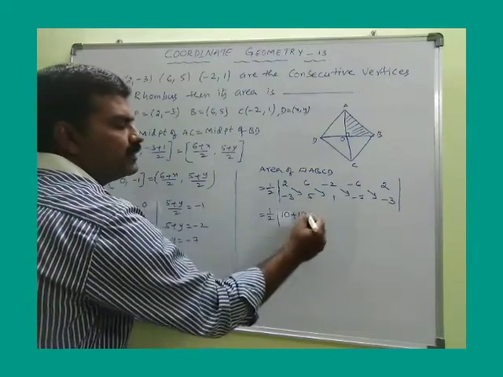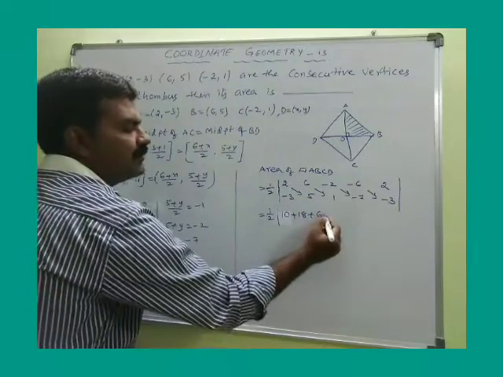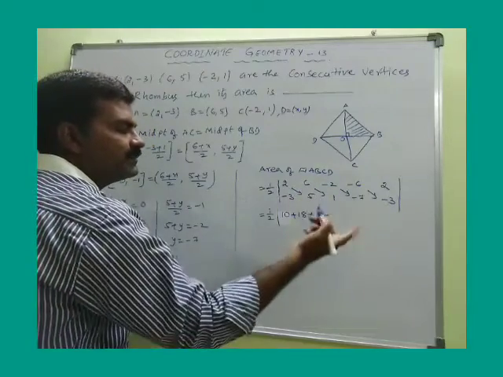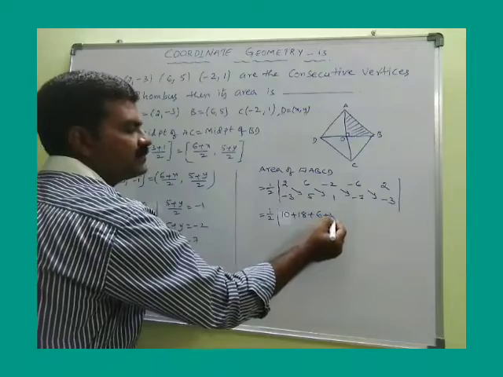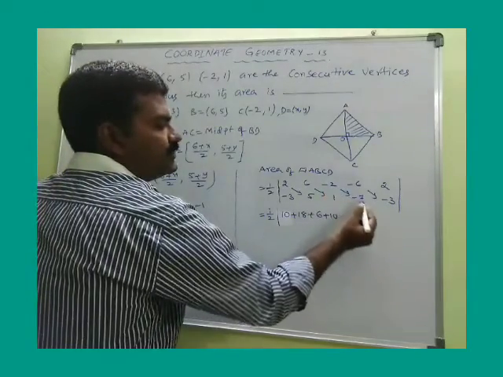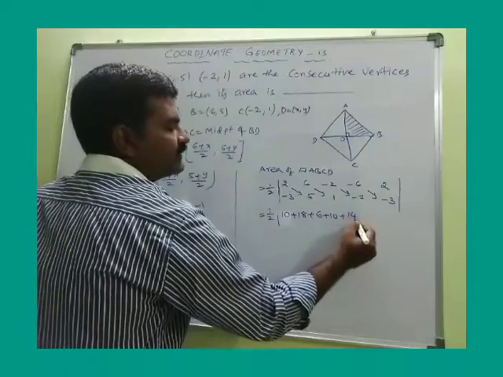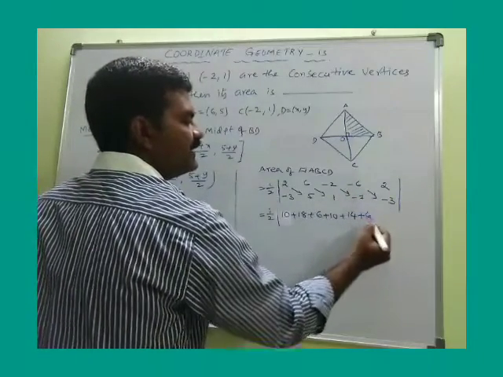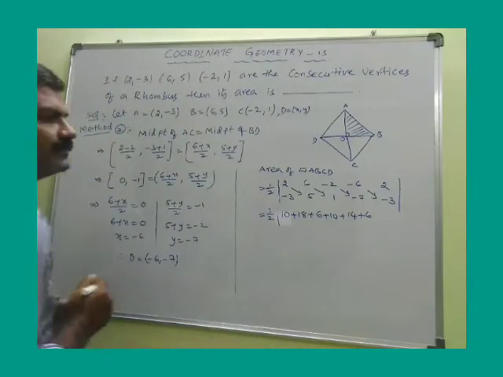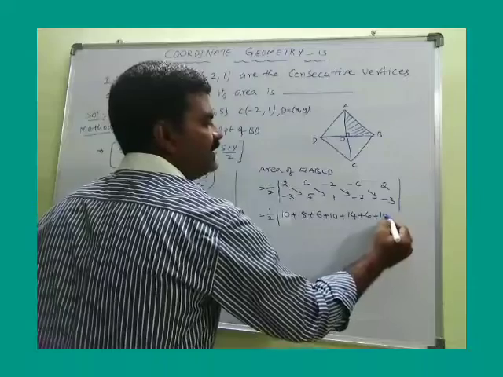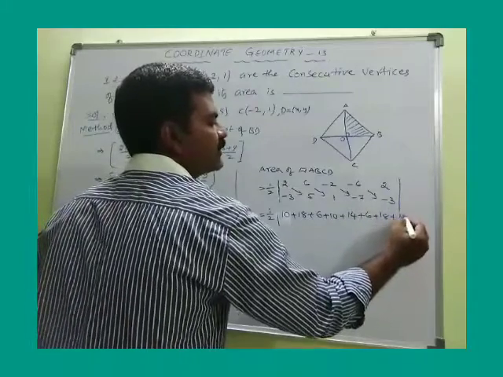Now 6 into 1, which is plus 6, minus of 5 into minus 2, minus 10. But already there is a minus, hence minus of minus, plus 10. Minus 2 into minus 7, which is plus 14, and 1 into minus 6 is minus 6, but because of minus it is plus 6. Now minus 6 into minus 3, which is plus 18, and this is plus 14.